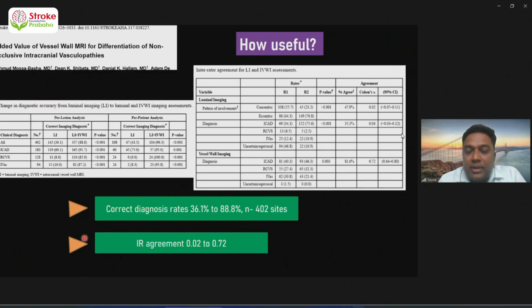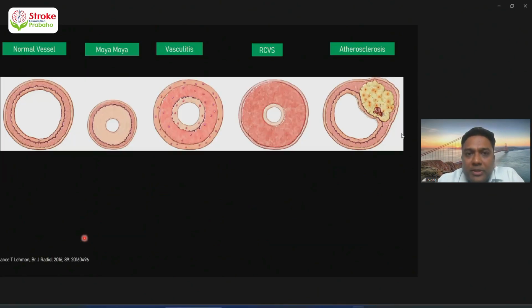And again, the agreement between two raters: without vessel wall imaging, there was a very poor agreement between two raters of 0.02, and this came up to 0.72 when we added vessel wall imaging to luminal imaging. So this paper clearly says that vessel wall imaging is important to be able to differentiate the different possible etiologies.